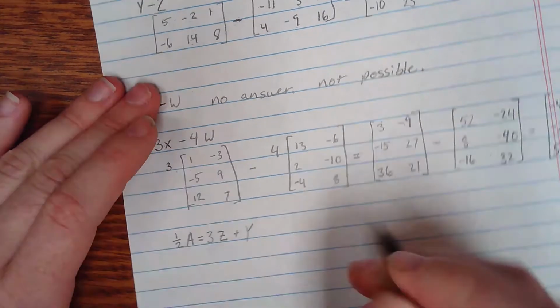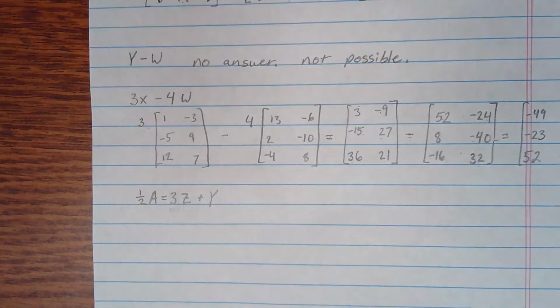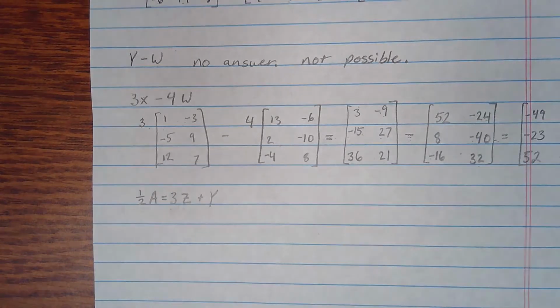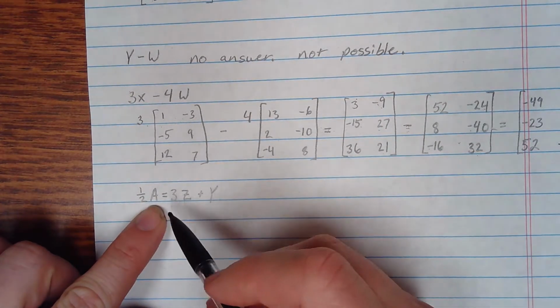What if I have a problem like this? A is a matrix. I don't know what A is, and I need to solve for A. Well, 1/2 of A is 3z plus y. I know what z is, and I know what y is. Half of A I don't know.